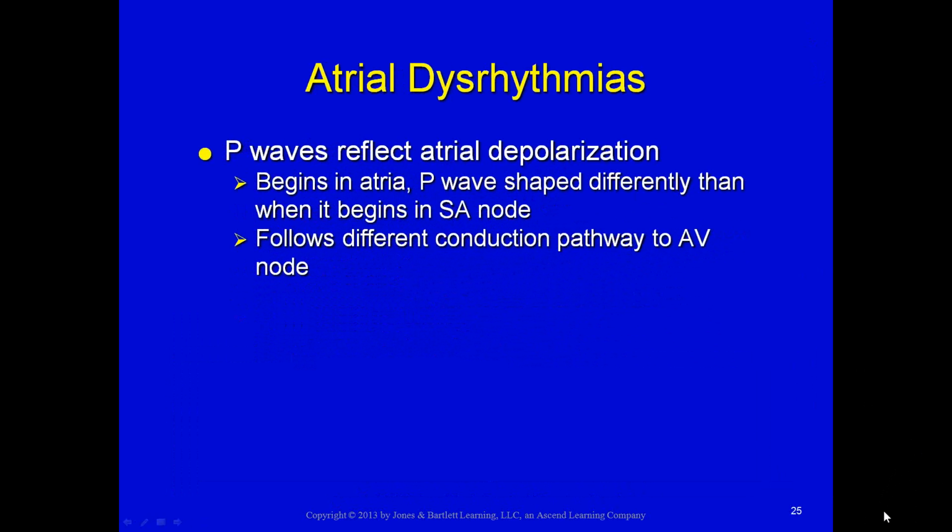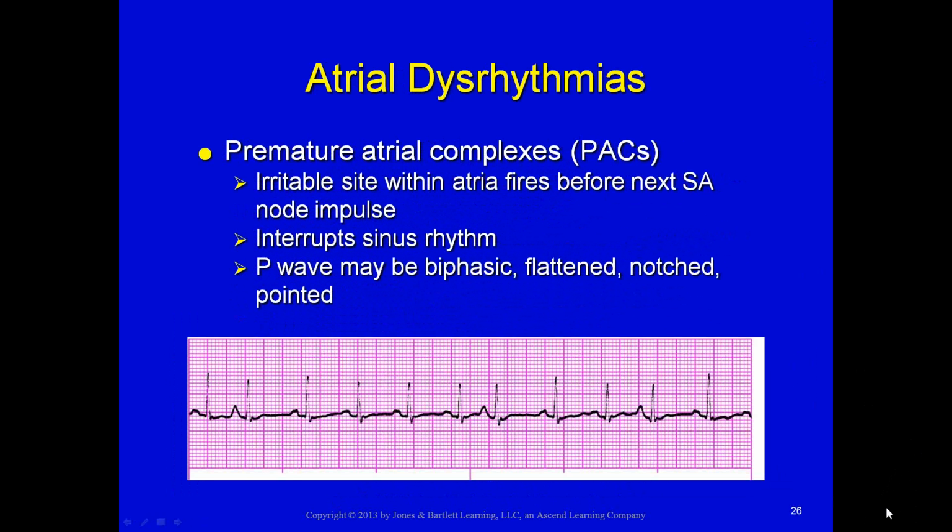But what you'll see here is that the P wave is shaped differently than when it is originating from the SA node. It may not necessarily be upright and rounded. It may be peaked. It may be biphasic, some above, some below. But it's going to be shaped differently, and that's how we know it's not coming from the sinus node.